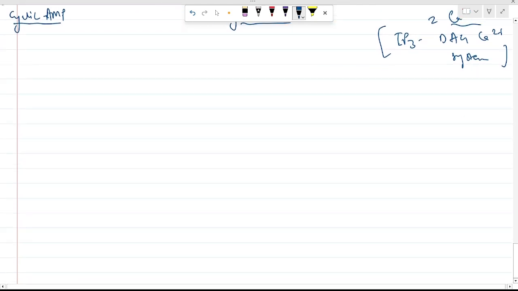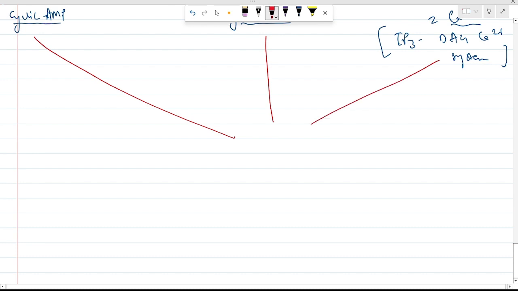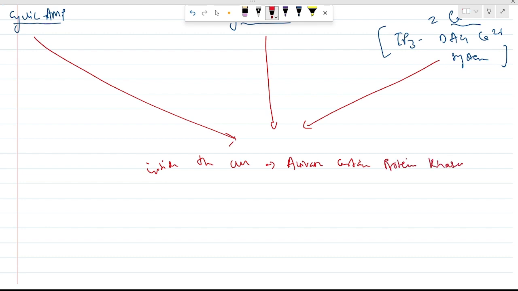So generally these 3 systems act in a similar fashion. They go inside the cell and activate certain protein kinases.